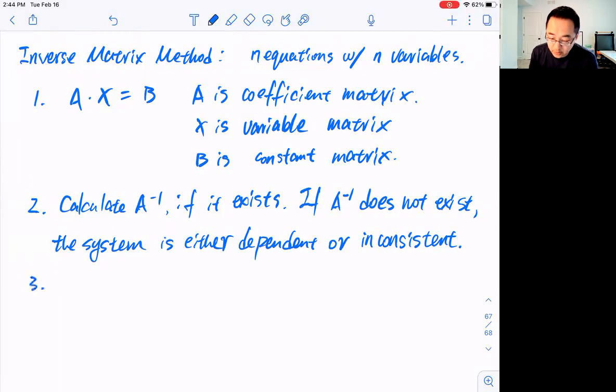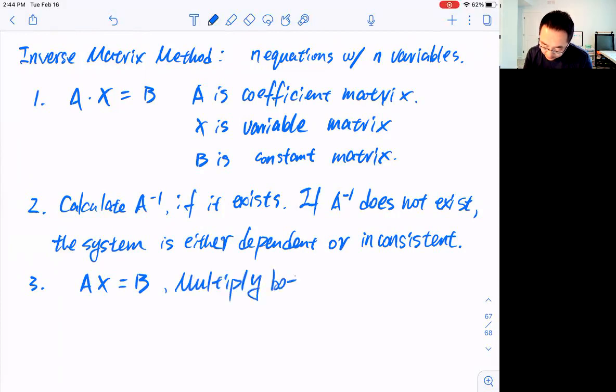But step three is that, since you have AX equals B, you multiply both sides by A inverse.